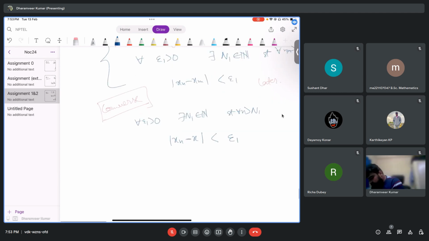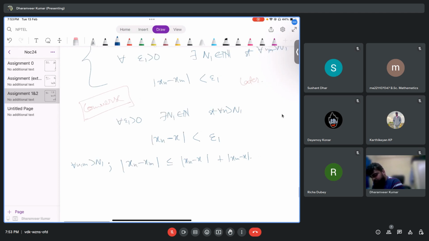Right? So now how do you do this? For all m, n greater than n1, this is there, this is again bounded by the same epsilon actually, because for a given epsilon you can do this.